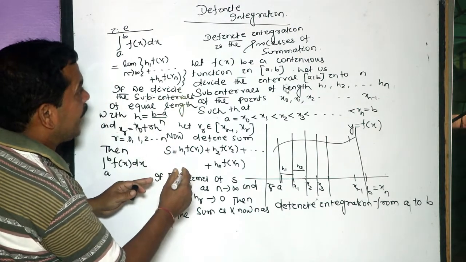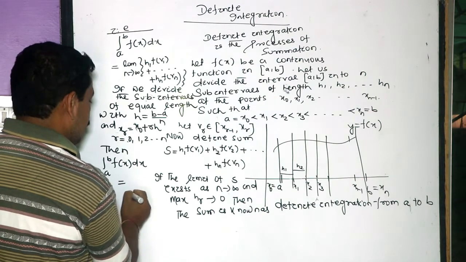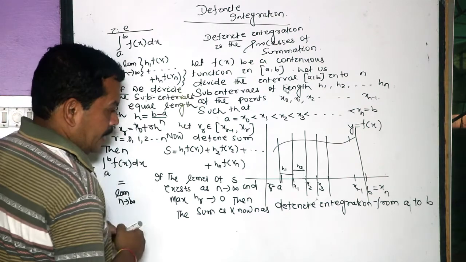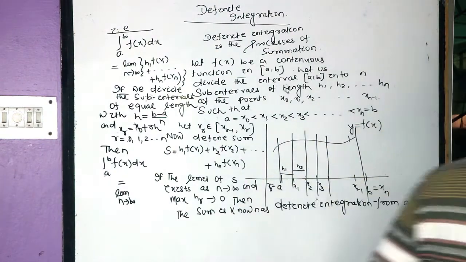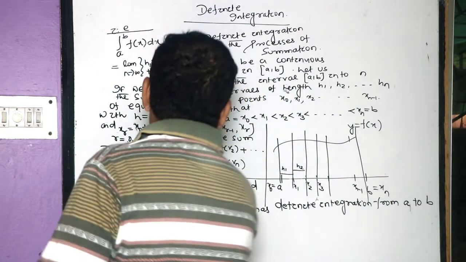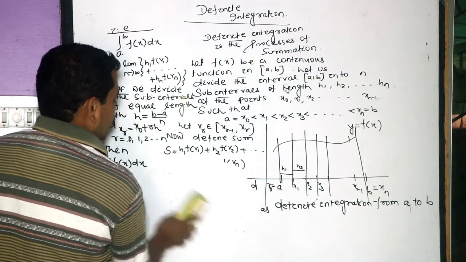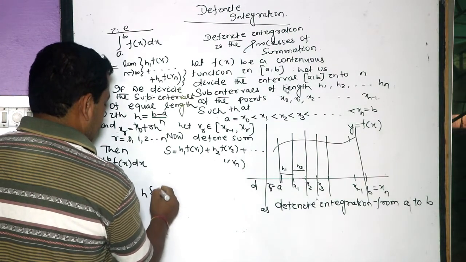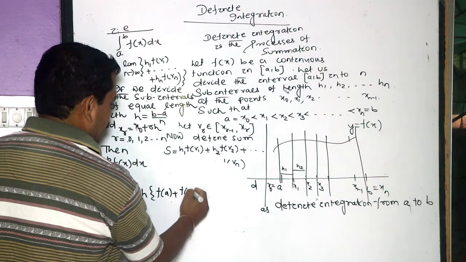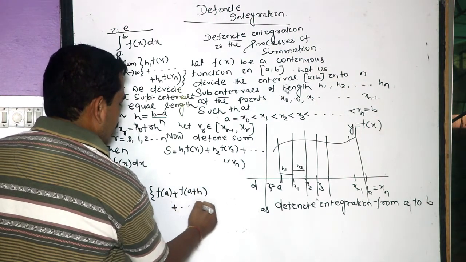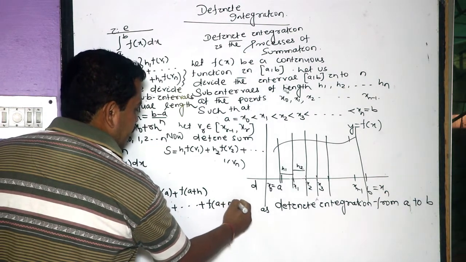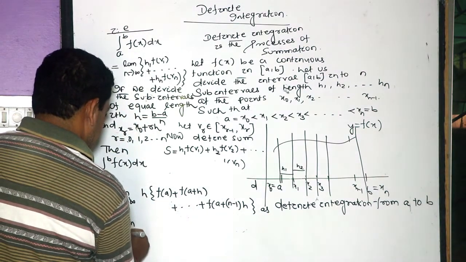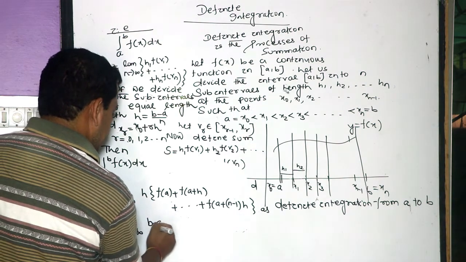Then this definite integration becomes the integral from a to b of f(x) dx equals the limit as n tends to infinity of h into [f(a) plus f(a plus h) plus ... plus f(a plus (n minus 1) into h)], that is equal to the limit as n tends to infinity of (b minus a) by n.